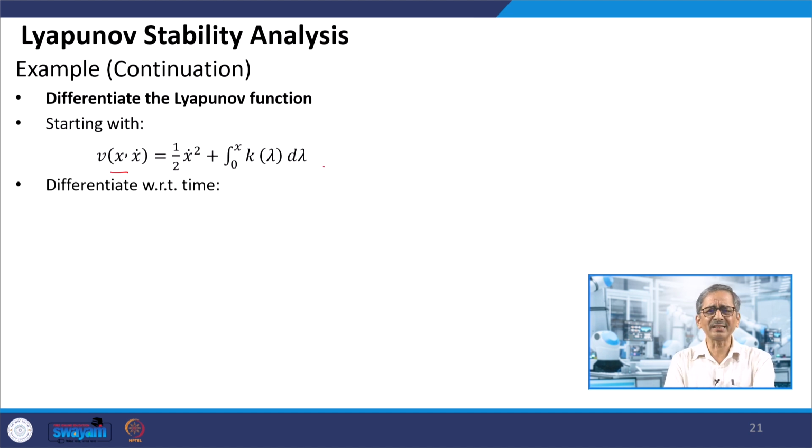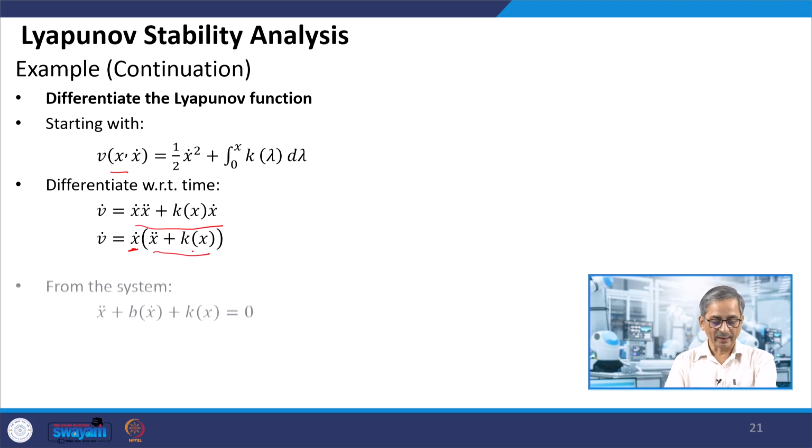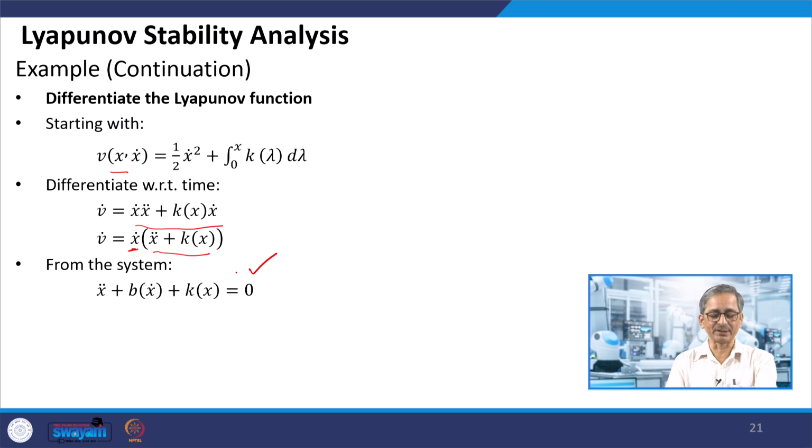So, this is the Lyapunov function which we have assumed. If we differentiate with time, this is what I am going to get. And here I can take this x dot common. So, this is what is left inside, and this is my system equation.